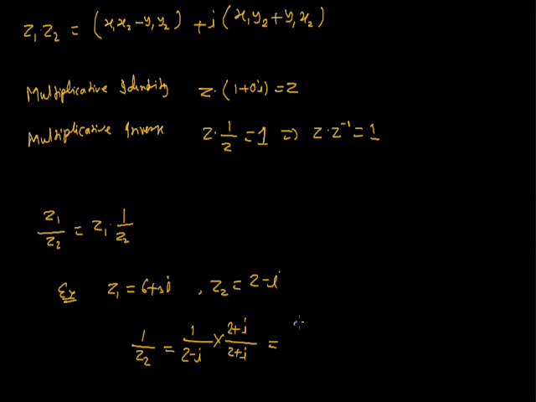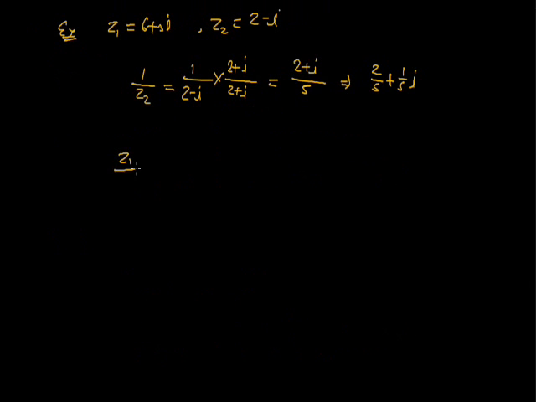Further it will become (2 plus iota) upon 5, and further we can write it as 2 by 5 plus 1 by 5 iota. So now we can find the value of z1 upon z2, which is equal to (6 plus 3 iota) into (2 plus iota) by 5.